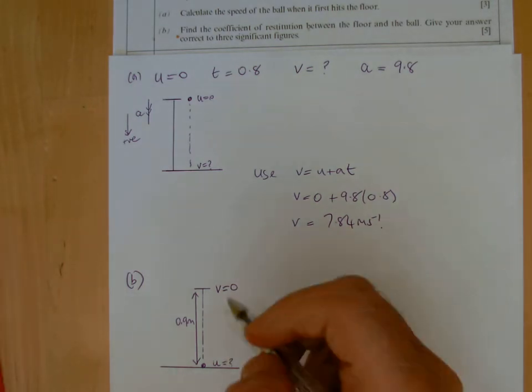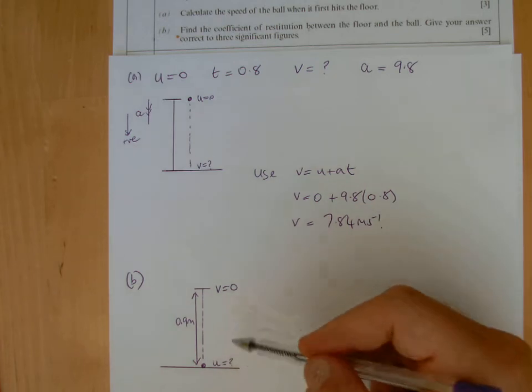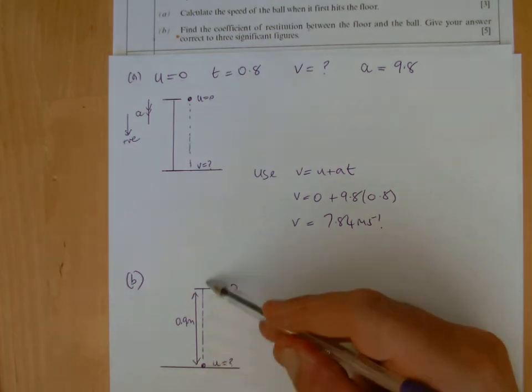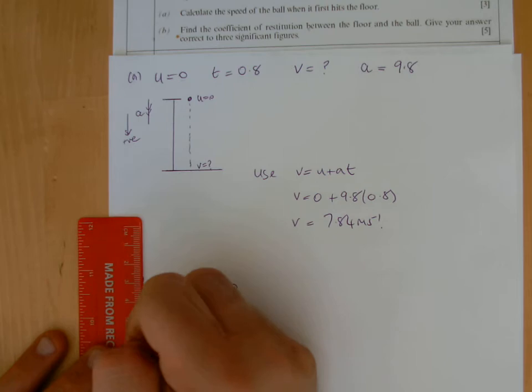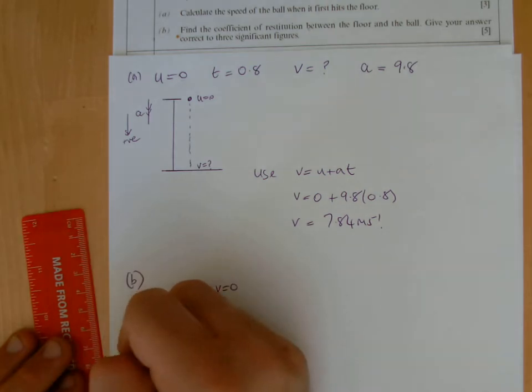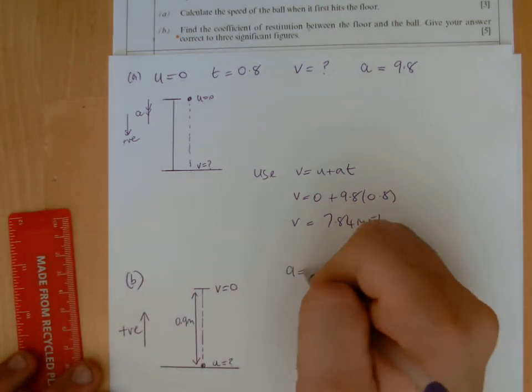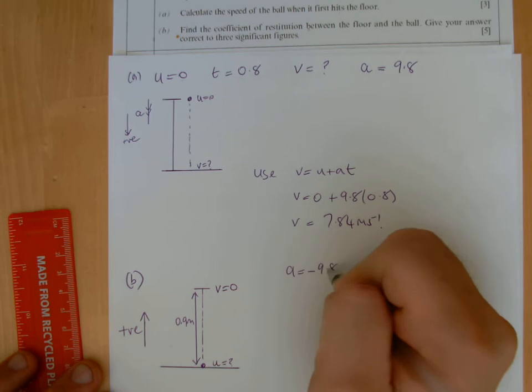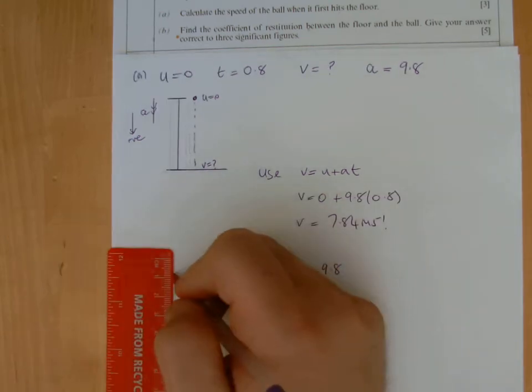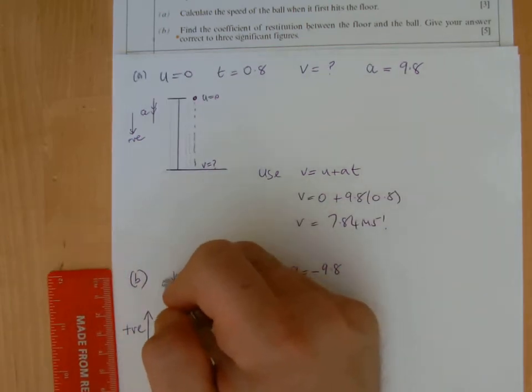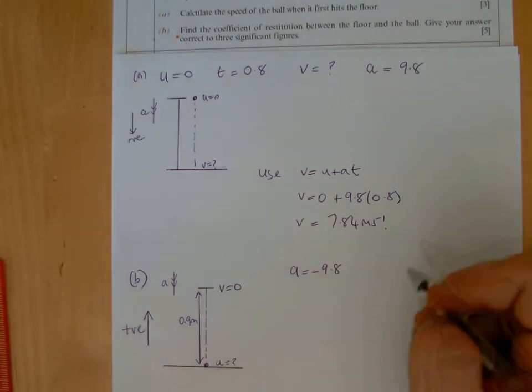Now, if we consider this as a new situation, after it bounces going up, we take upwards as positive, which means acceleration will be minus 9.8, because acceleration acts downwards due to gravity, but we take upwards as positive this time.